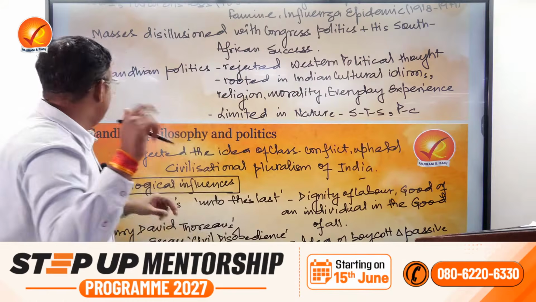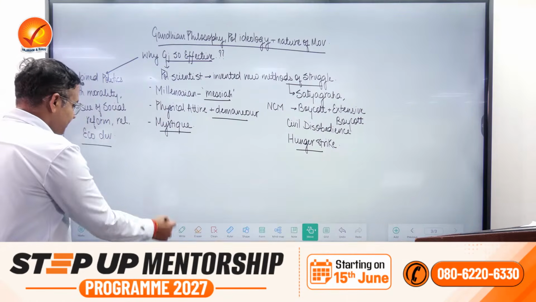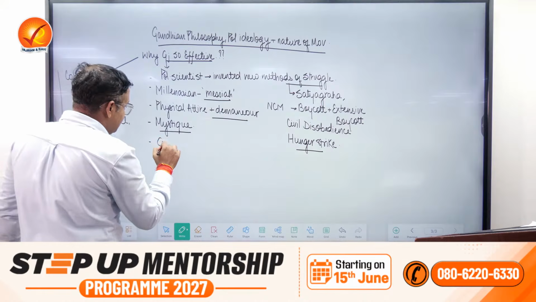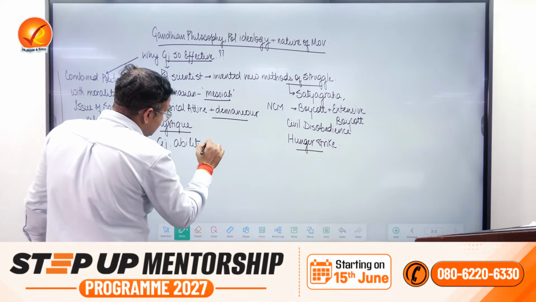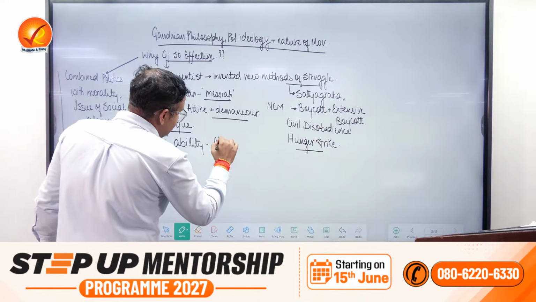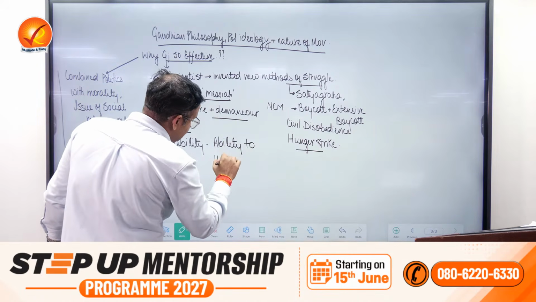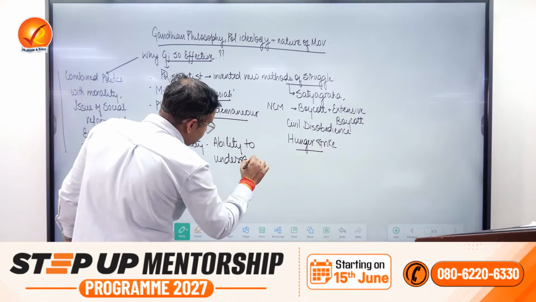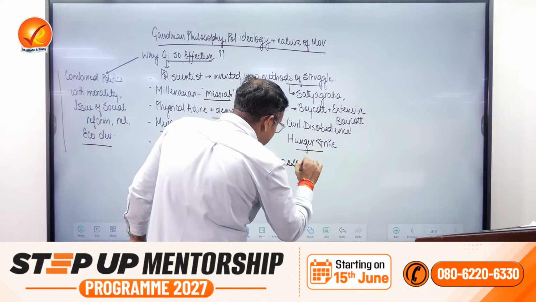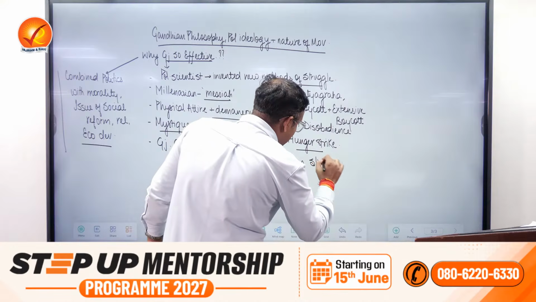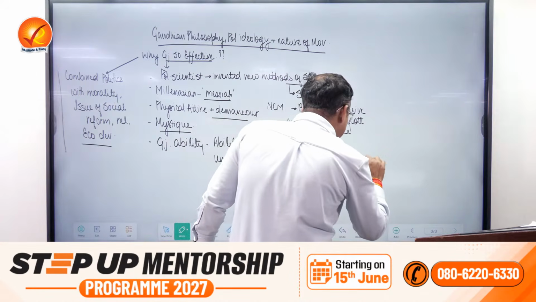And one thing I forgot to mention, do write it down: why Gandhiji was effective is because of his ability to understand the masses' strength and channelize them.